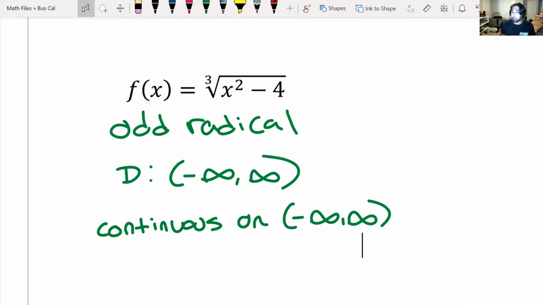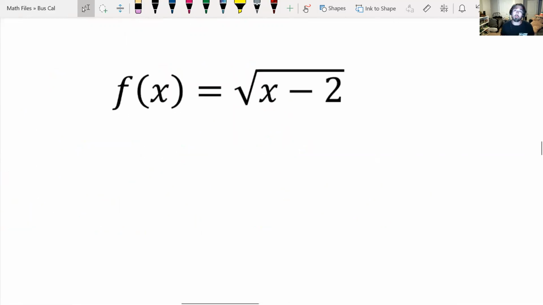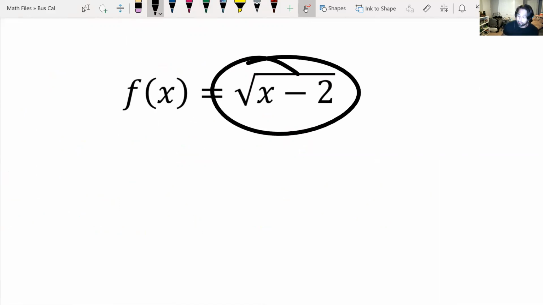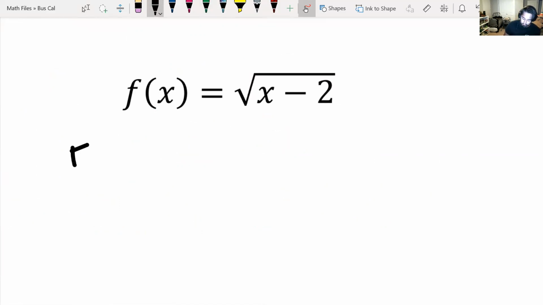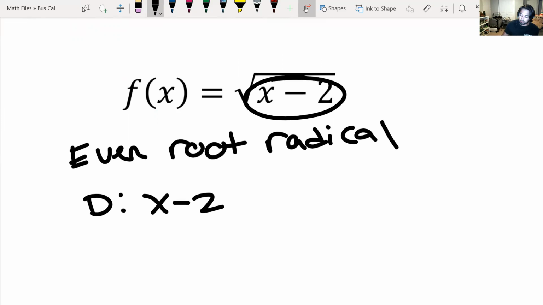All right, good times. Let's see, very last one. Over here. We have the square root of x minus 2. So what we have now is an even root radical function. Wow, that's a lot of words, right? Okay, so for the domain, take whatever's inside the house and set it greater than or equal to 0.